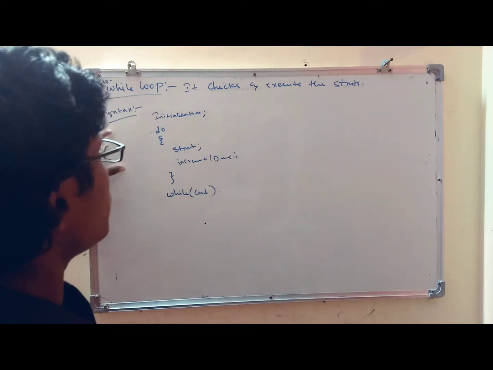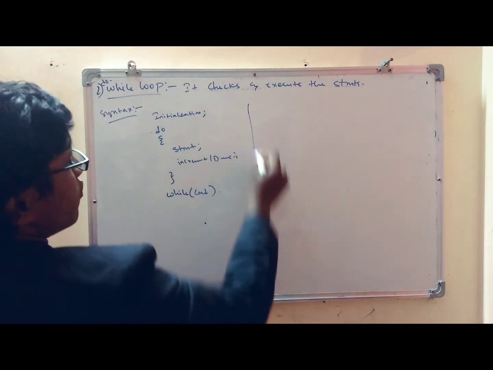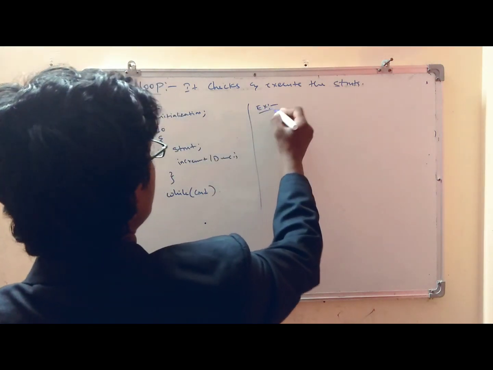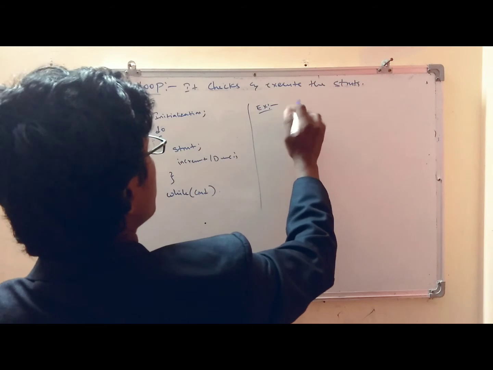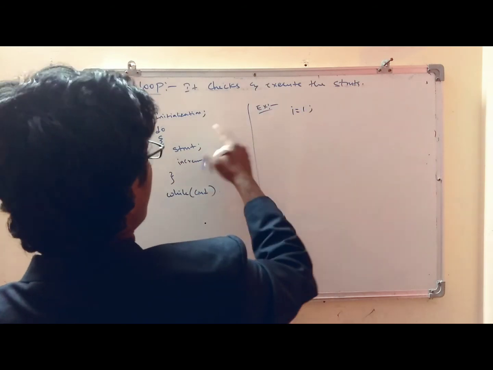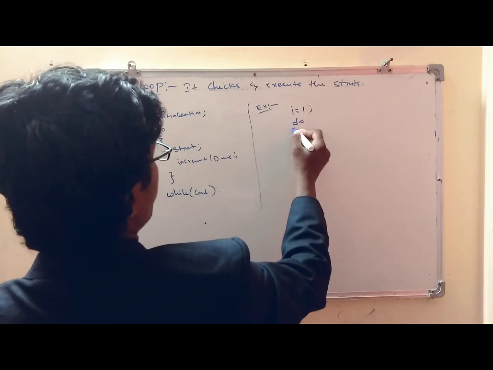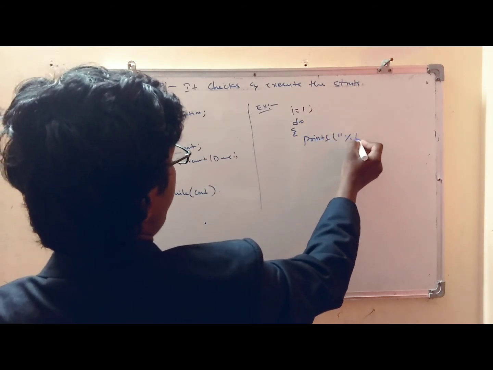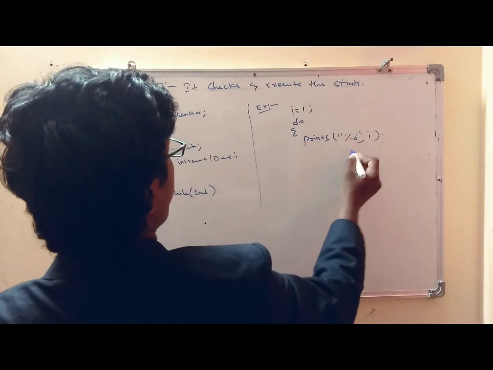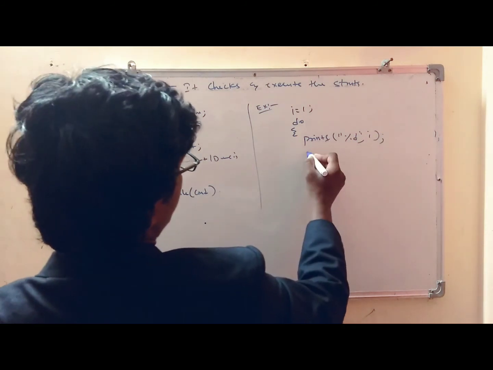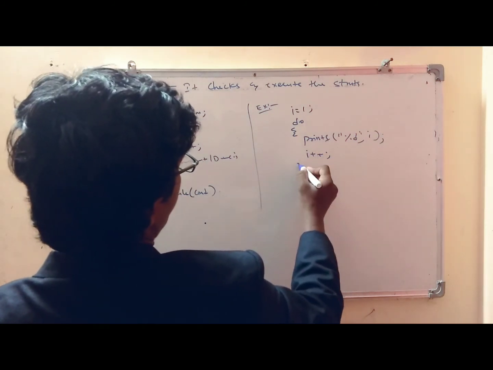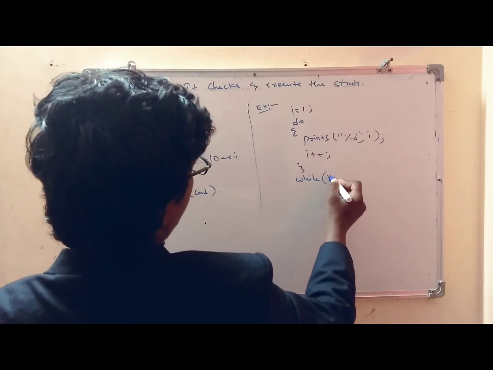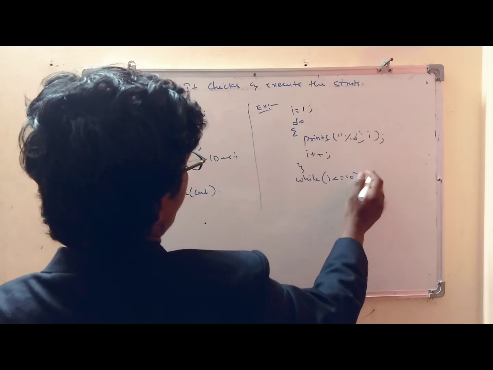So this is about the syntax for the do while loop, and I am writing an example, the same program. i = 1, after initialization write do, and here printf("%d", i), and after that incrementation, here the condition, while condition is nothing but i <= 10.